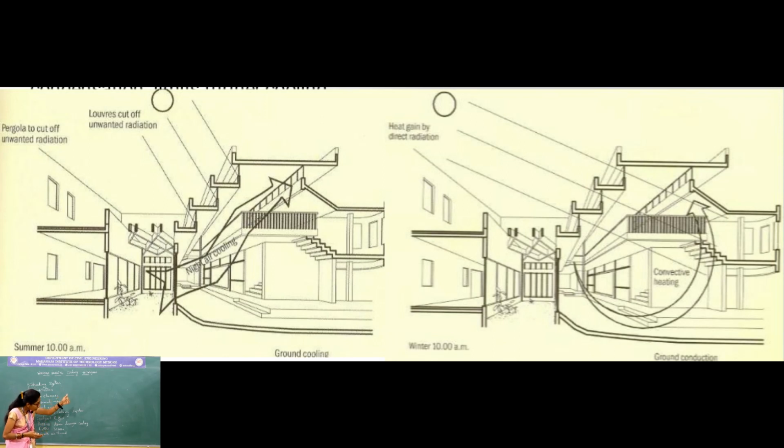And the wind movement is in a downward direction, and the air enters the building so that it provides cooling comfort to the building.